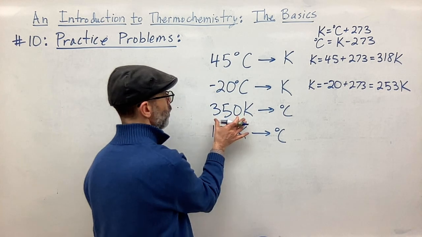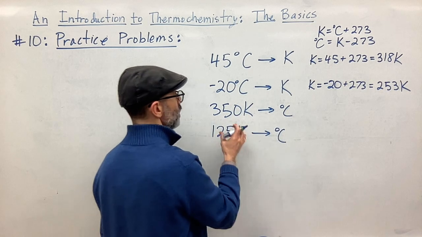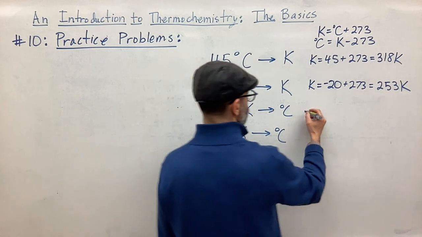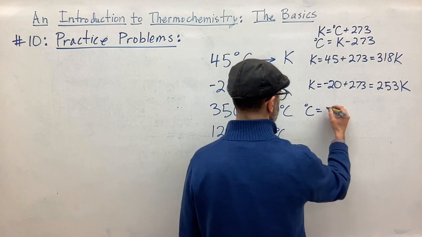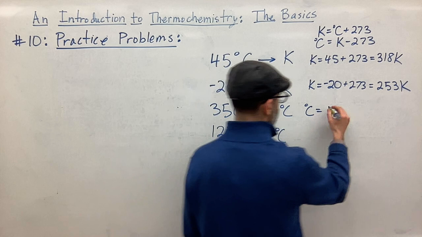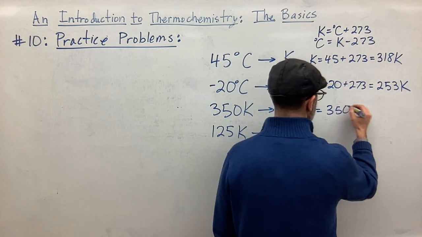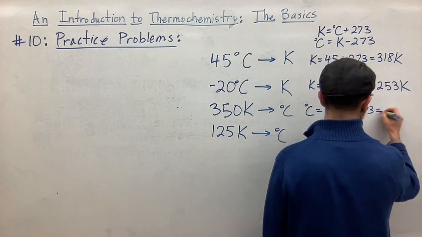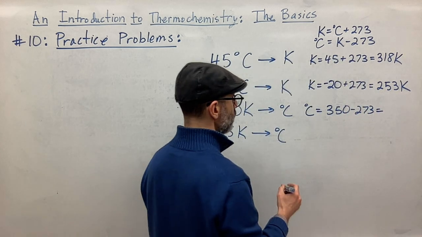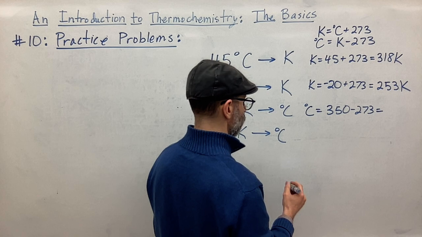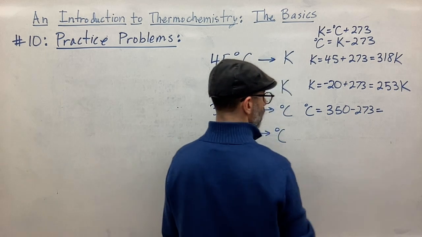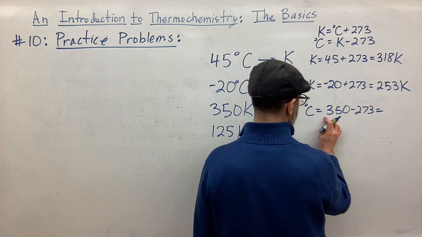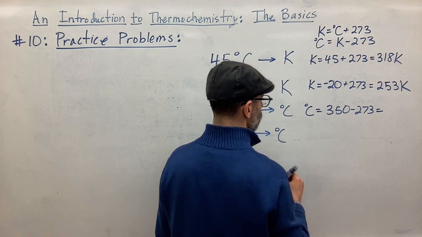And here I'm going from Kelvin to degrees Celsius, so I'm going to use this one. I'm going to subtract 273. So degrees Celsius is equal to the Kelvin, which is 350, 350 minus 273. And that's going to be, let's see here.